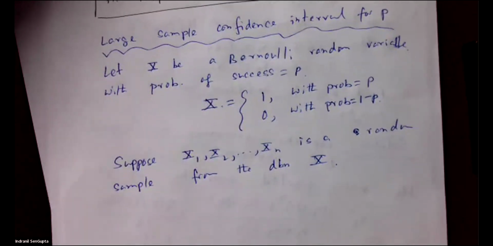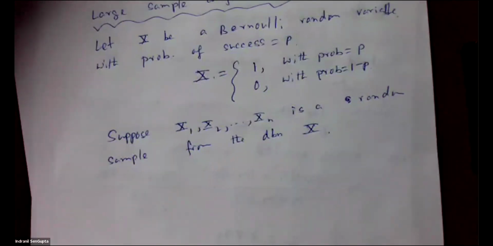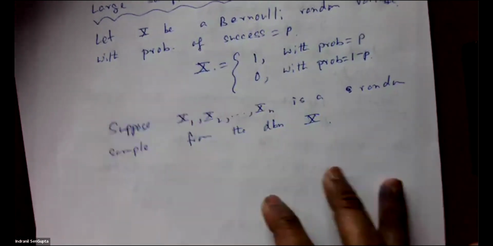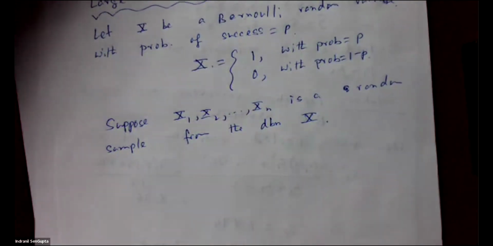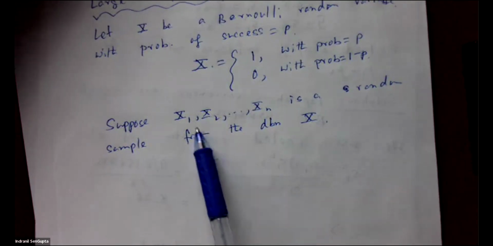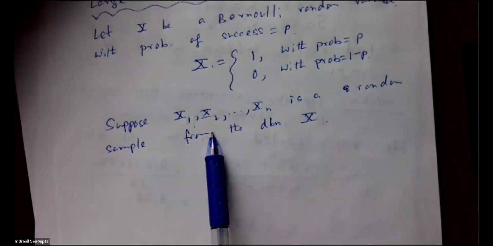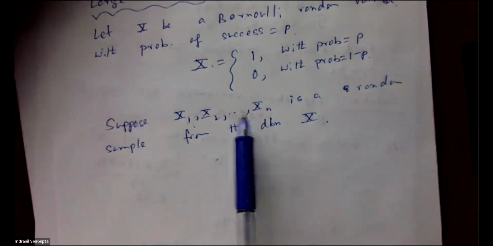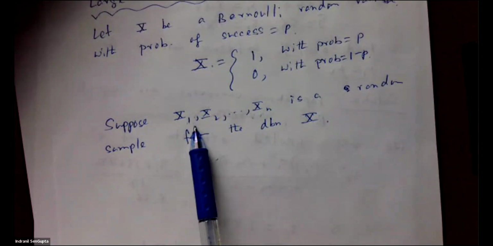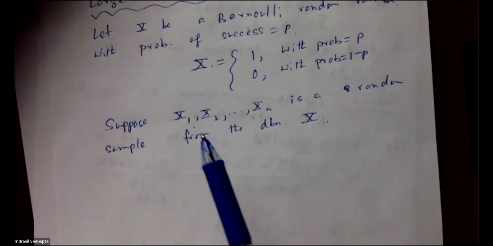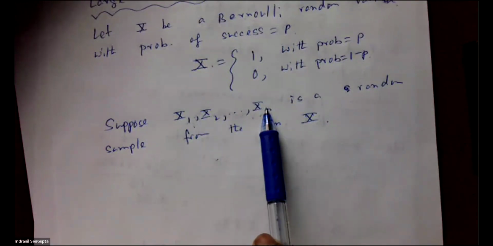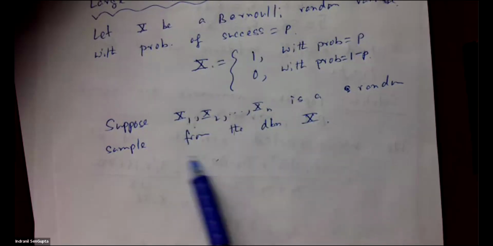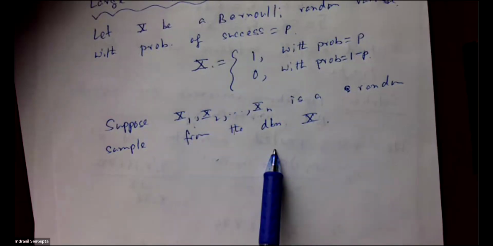Now, I think we have shown in one of the previous classes that there is an estimator. Suppose we count the number of successes in this sample and divide by the total size of the sample, which is n. That is the proportion of success in the sample, right?